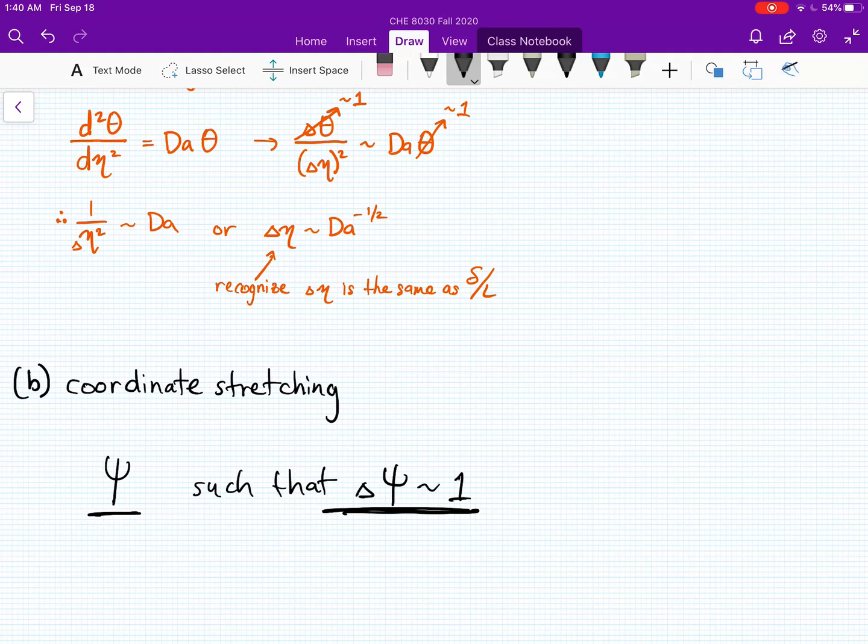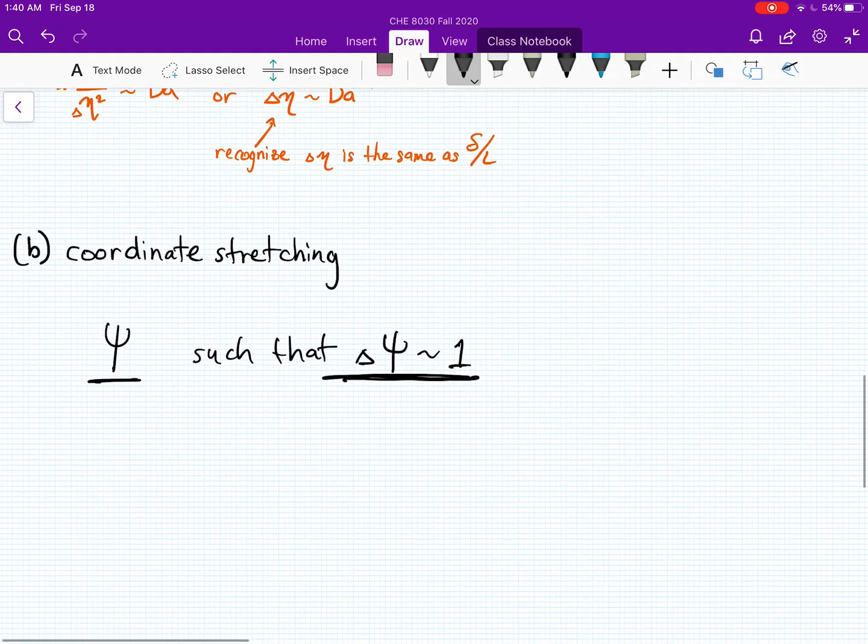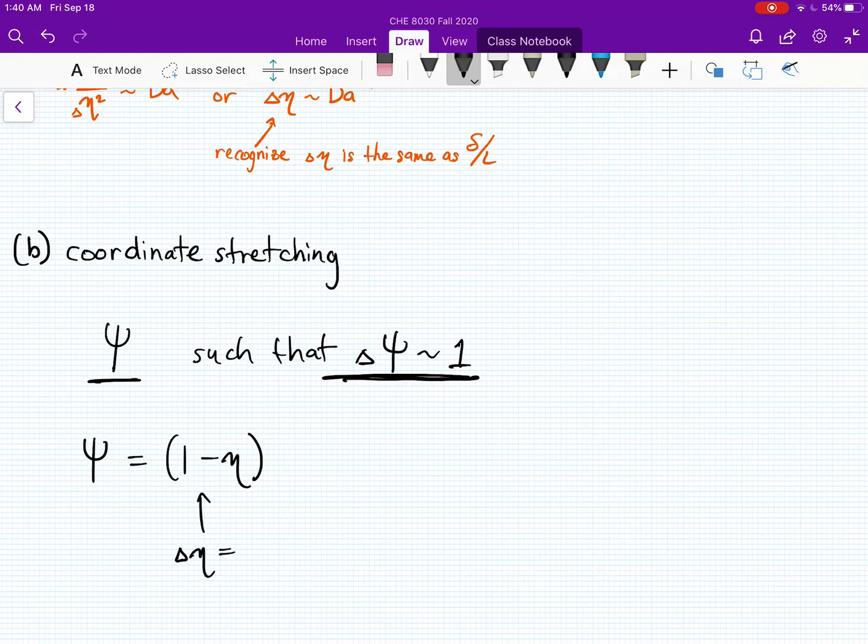And so we're going to do something called coordinate stretching. What that looks like is the following. I have psi is equal to 1 minus eta, where here 1 minus eta is my delta eta term. So we're some distance into the film.